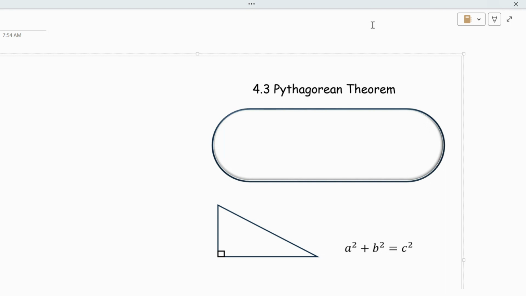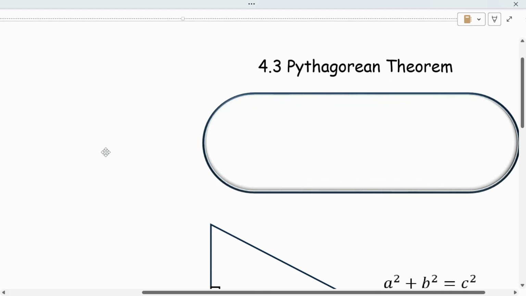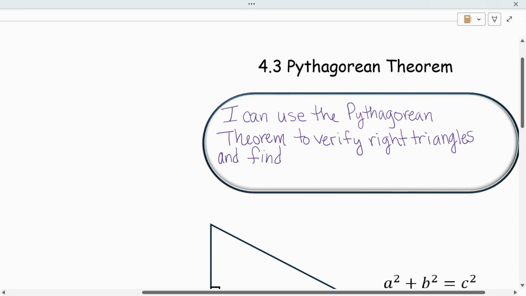Okay, let's start with the I can statement. And I apologize, my stylus was not great while I was at home. So I can use the Pythagorean theorem to verify right triangles and find missing sides of right triangles.